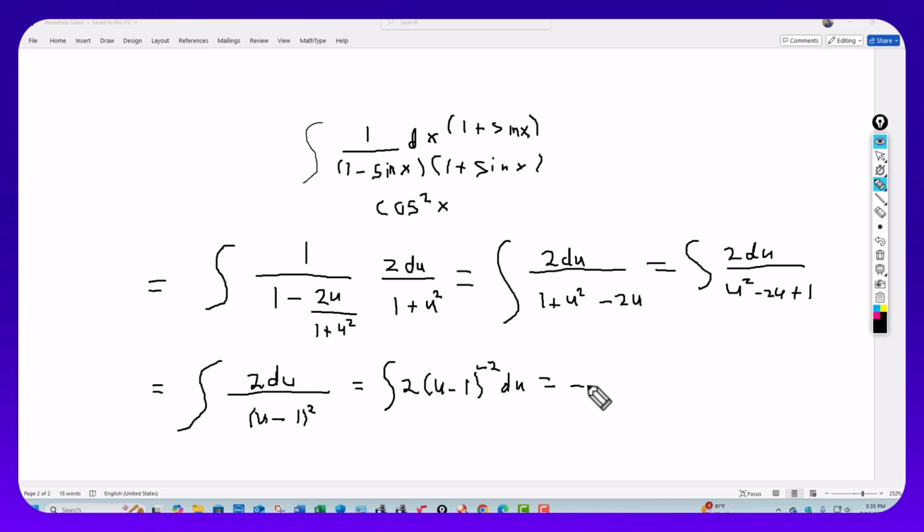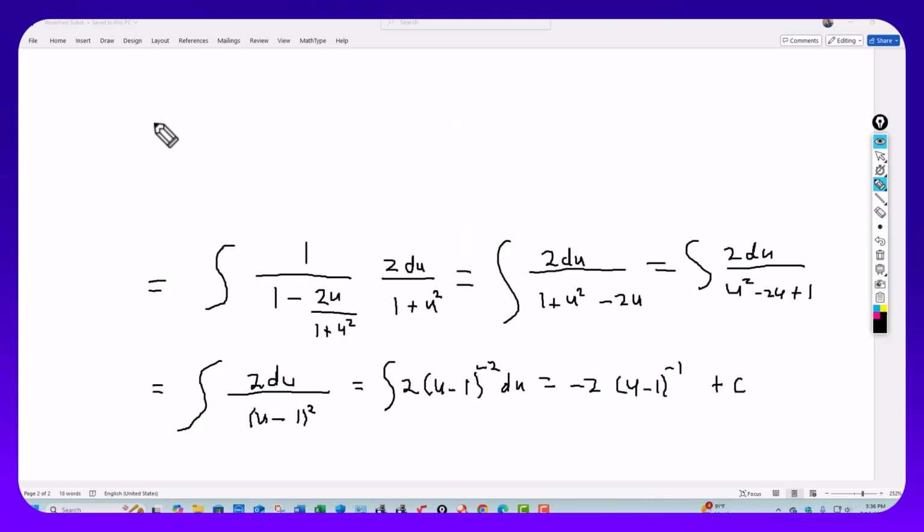This would be a negative 2 here, and then this would be a u minus 1 to the negative 1 plus the constant of integration. Now all I have to do is go back to the substitution. So this is going to be minus 2 over, I'm going to take this to the denominator, that'd be u minus 1.